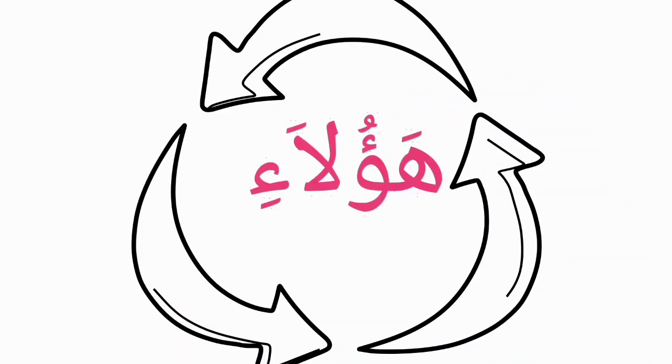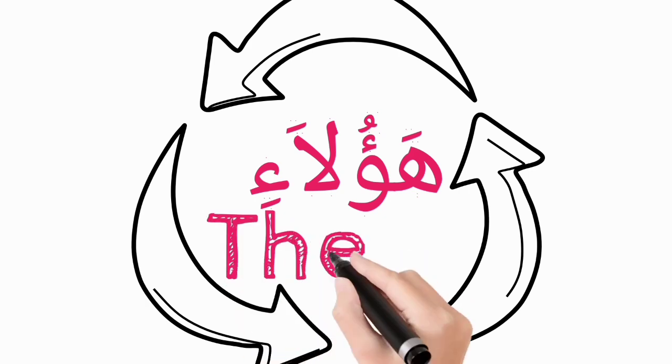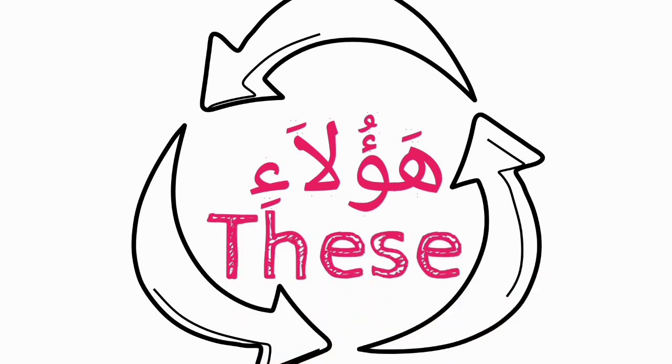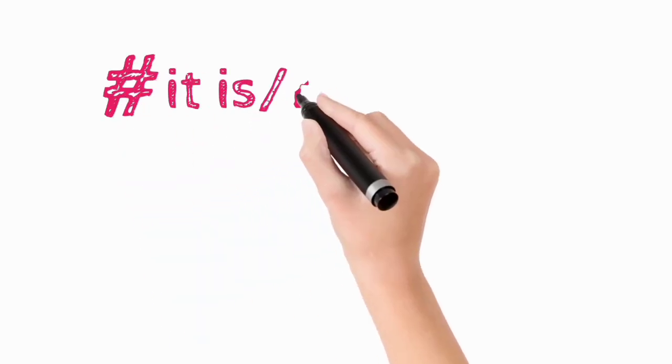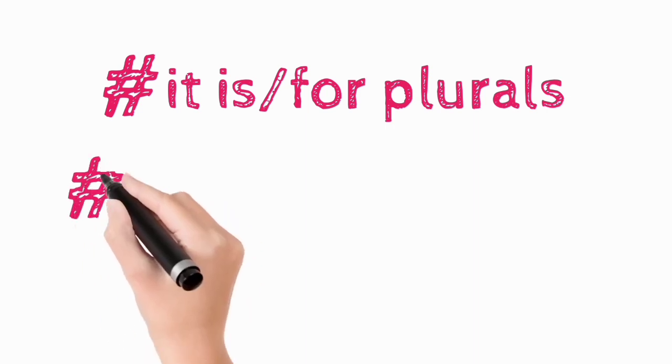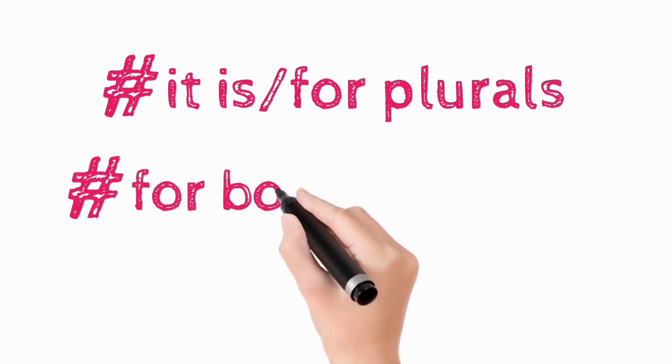Now, if you come to the aspect of haulai, which is the plural form of haza, it simply means "these," indicating a number above two. Its features are that it is for plurals, that is, it is plural in nature and used in addressing plurals.